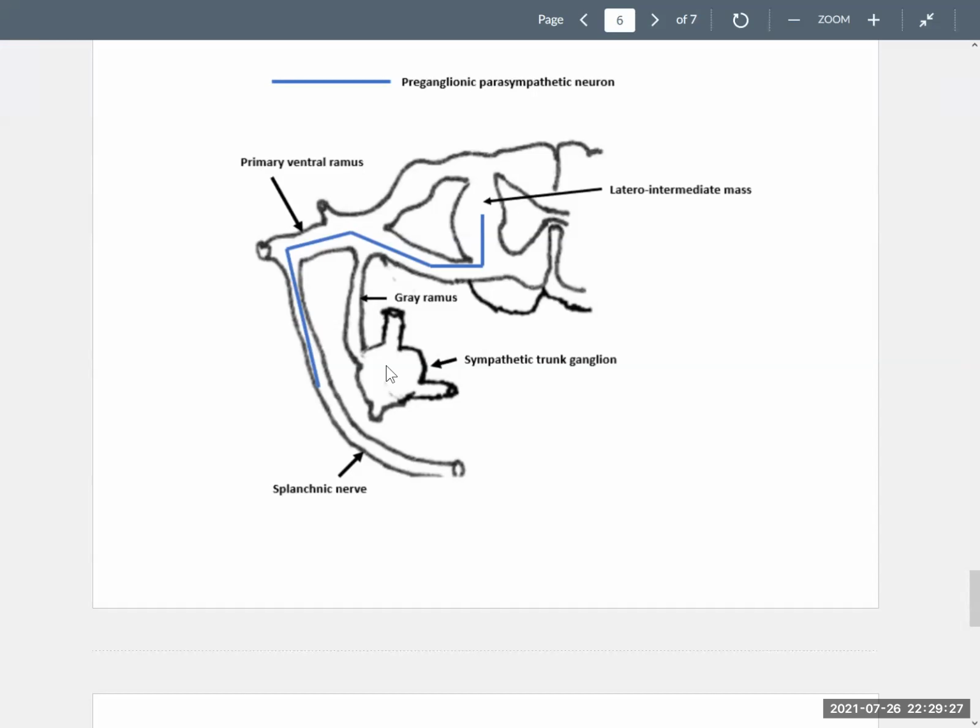But there's no way in, not from here. There's just a way out to here. So a sympathetic trunk ganglion can generate a sympathetic postganglionic neuron to travel out, or even come down the splanchnic nerve and take over if need be in the case of fight or flight. So when things need to happen fast, it'll be the sympathetic trunk that gets the job done.